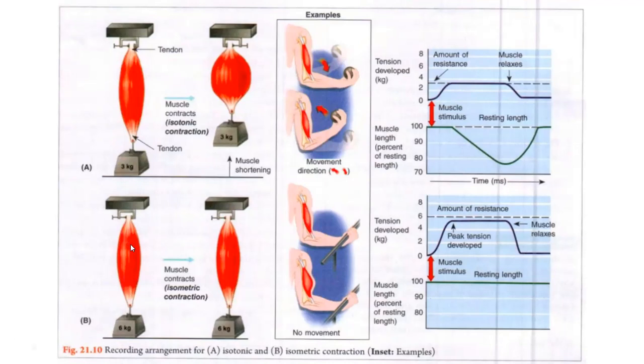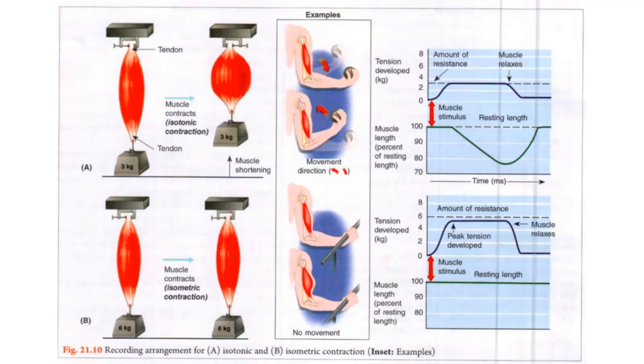So here in isometric, what we're doing is we are keeping it stable. We are fixing the ends of the muscle, so the length does not increase or decrease. It remains stable. But there is a constant tension with varying stimulus. We increase the tension in the muscle, but there is no movement of the muscle fiber.